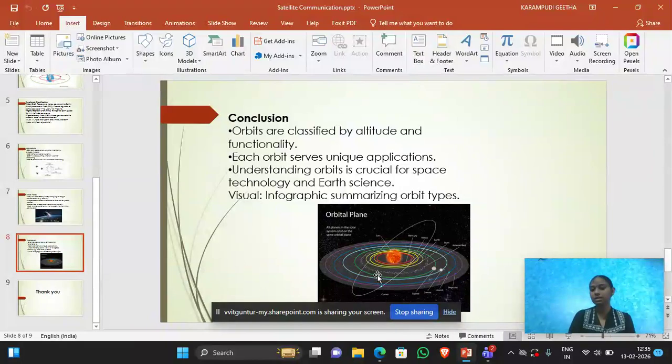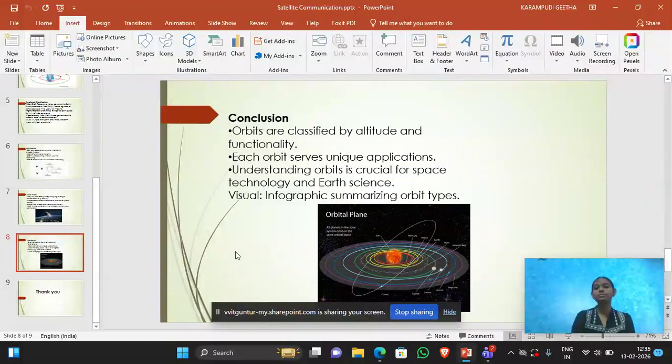If it fails, we can't do anything. And when we give commands, whether it is working or not, these are major things in orbits. Satellites revolve only in certain orbits. This we have to consider from this topic.